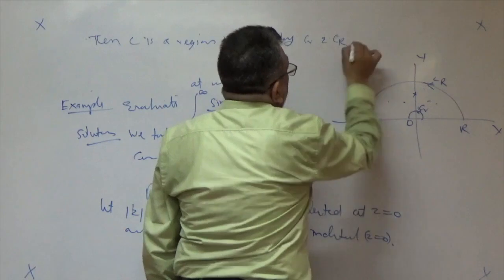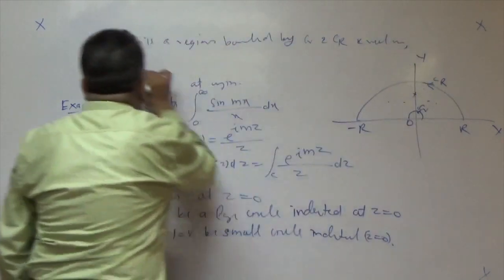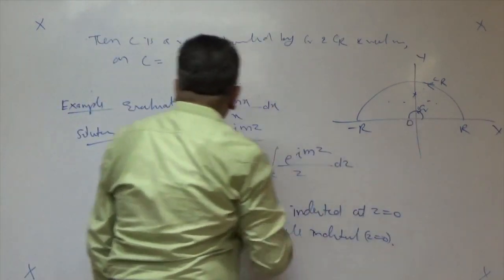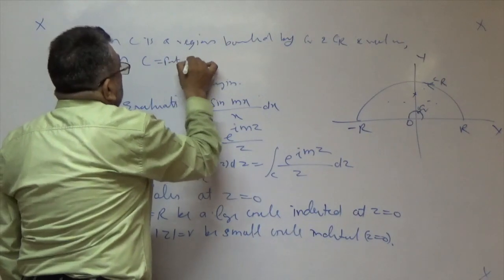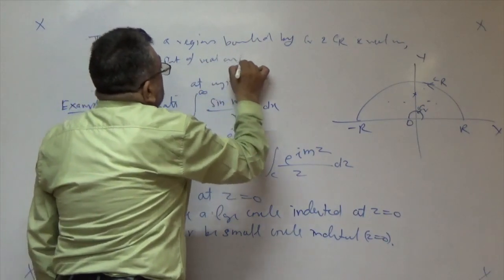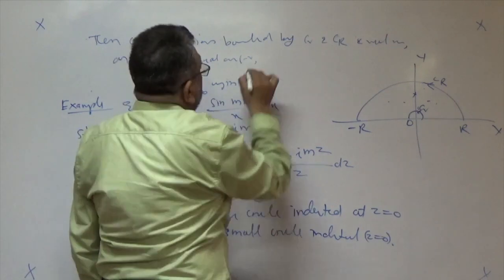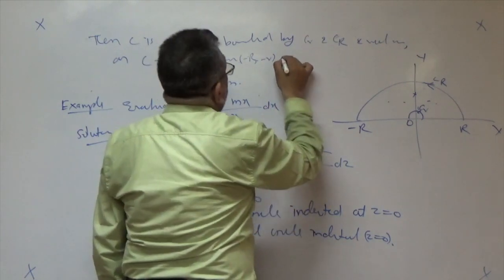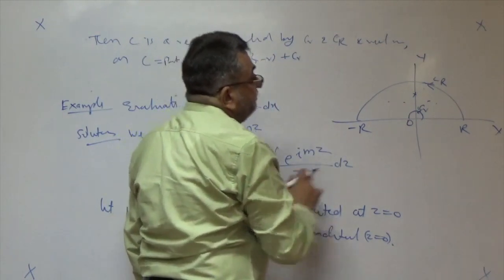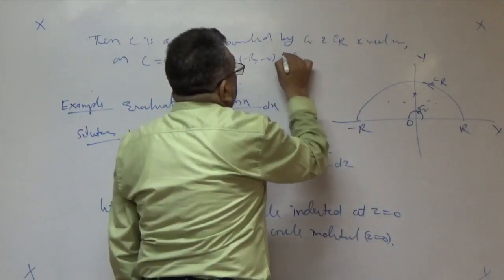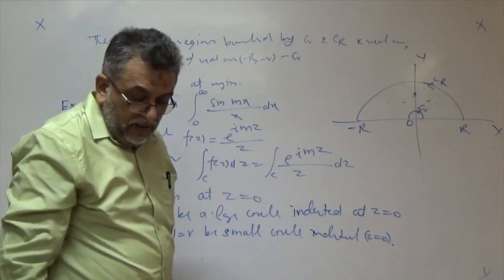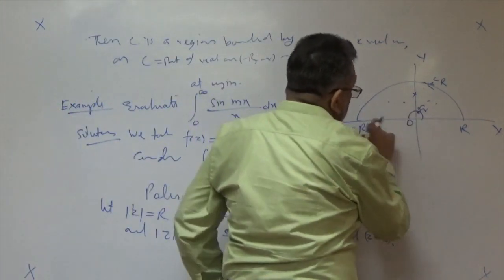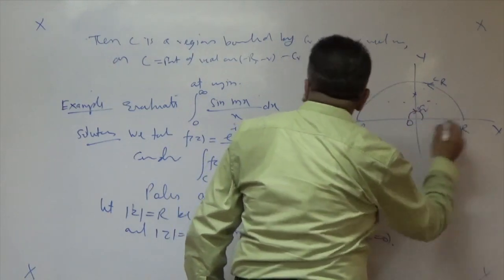As C, if we take this small r, then part of the real axis from minus capital R to minus small r, then C_r, that is minus C_r, because this integral goes clockwise.